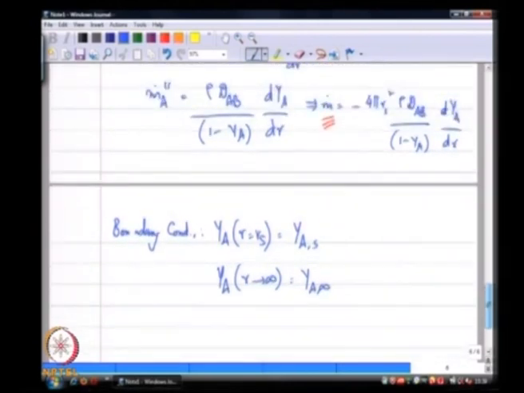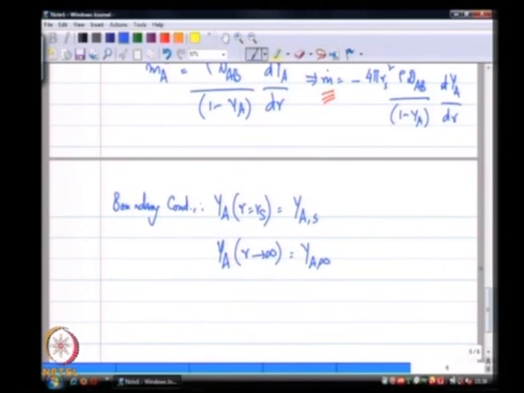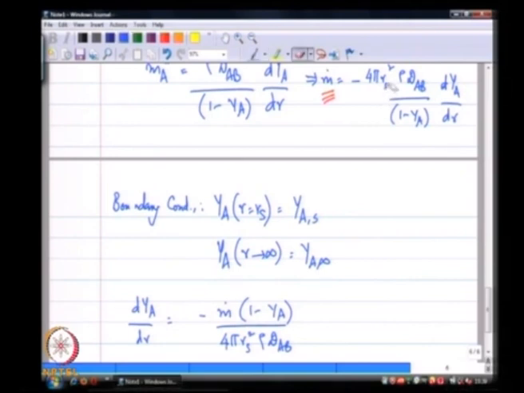If I rearrange this in the form of a differential equation, it will say d y a by d r equals minus m dot into 1 minus y a by 4 pi r squared rho D A B. If I say this is valid at all r, at any r, m dot is the mass flow rate flowing across the sphere at any radial location r.